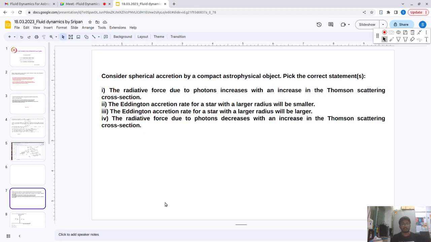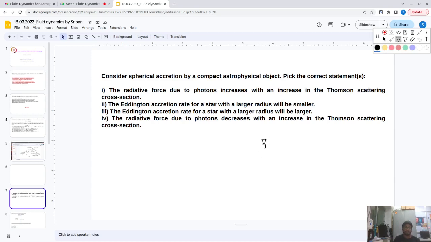Now consider spherical accretion by a compact astrophysical object. Pick the correct statements. A: The radiative force due to photons increases with an increase in the Thomson scattering cross section. So first of all, let us recall the outward radial force equation, right?